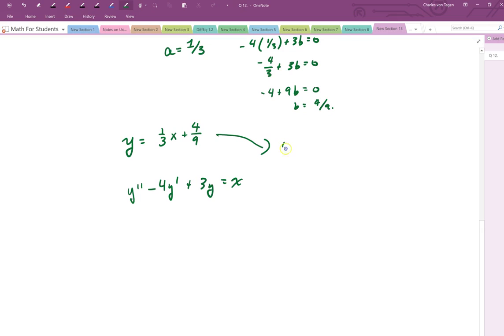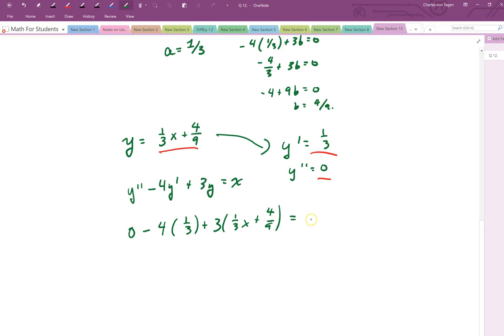Well, y prime is 1/3, y double prime is 0, so substituting these expressions gives us 0 minus 4 times 1/3 plus 3 times 1/3 x plus 4/9, and we're checking to see if this equals x.